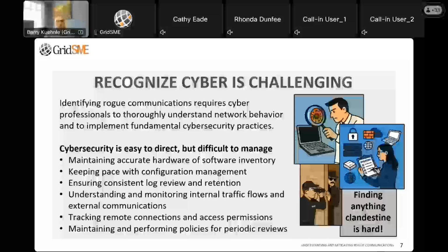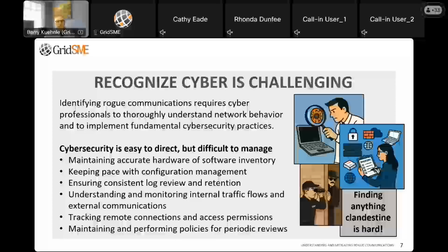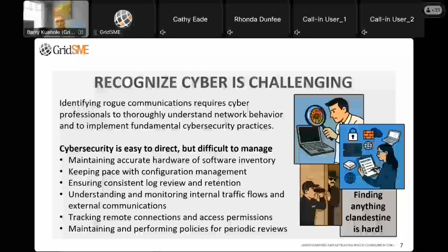So if you understand what those communications are between each other, so for example, if that inverter should never be talking to that transient cyber asset or that computer that was sitting in that environment, but all of a sudden it is, you understand that there's something strange going on, and it should set up flags, and you should start an investigation into why those devices are communicating.